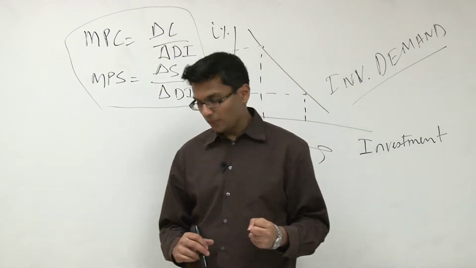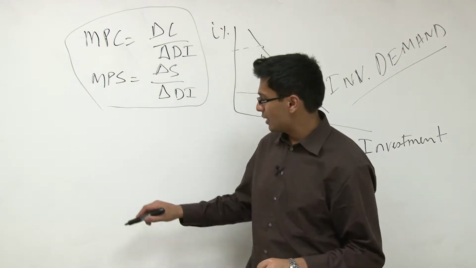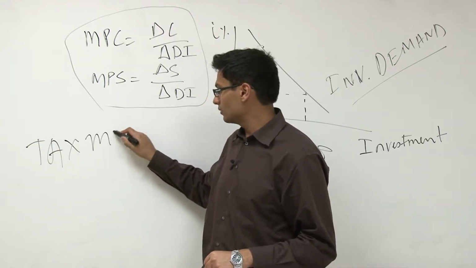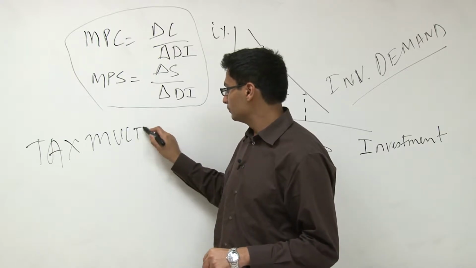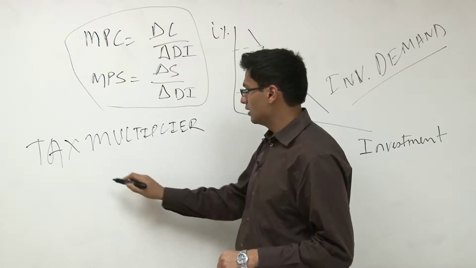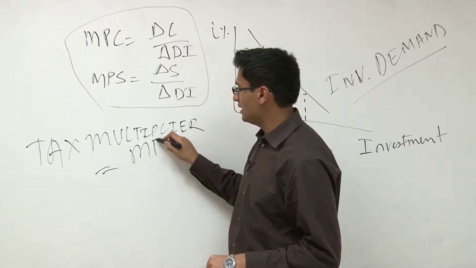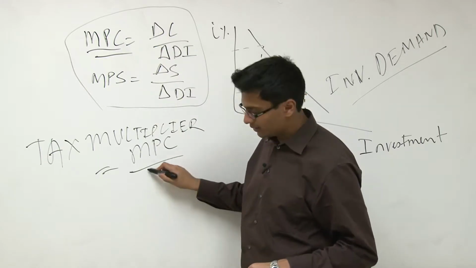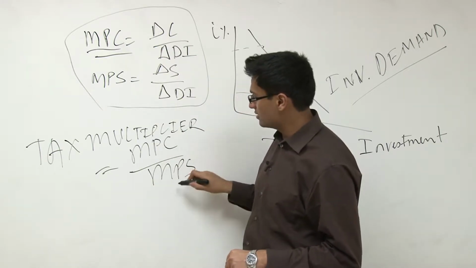All right, so formulaically, this is how we write down the tax multiplier. The tax multiplier is equal to the MPC, or the marginal propensity to consume, over the MPS, or the marginal propensity to save.